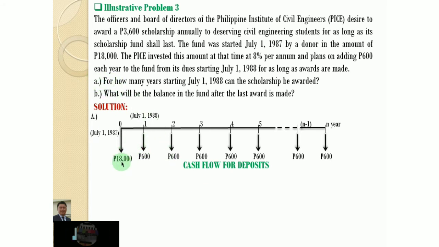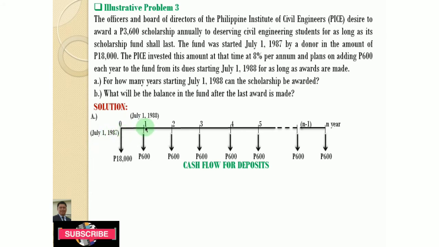We have now this 18,000 pesos, which I said as our principal, which was donated by a certain donor in this amount at 0 period. Okay, so this 0 period is referring now to July 1 of 1987.